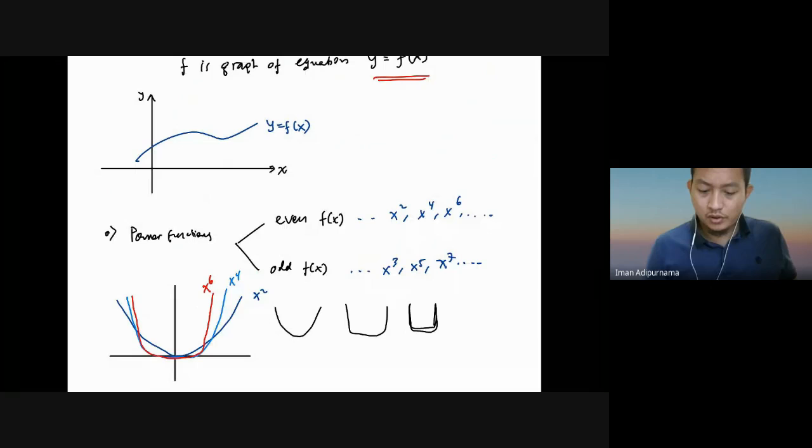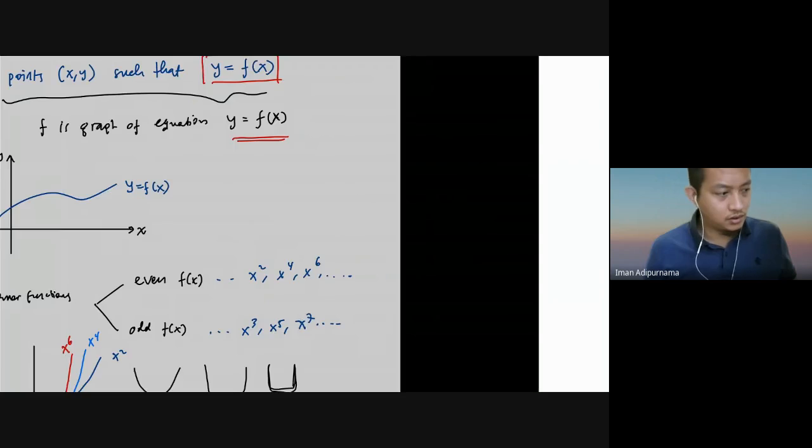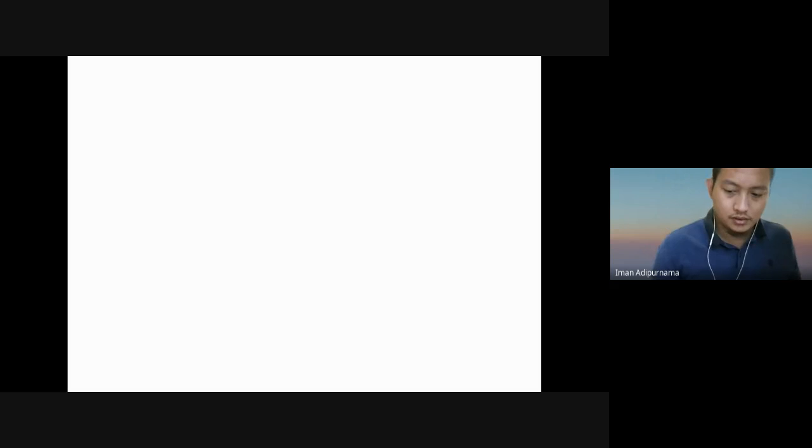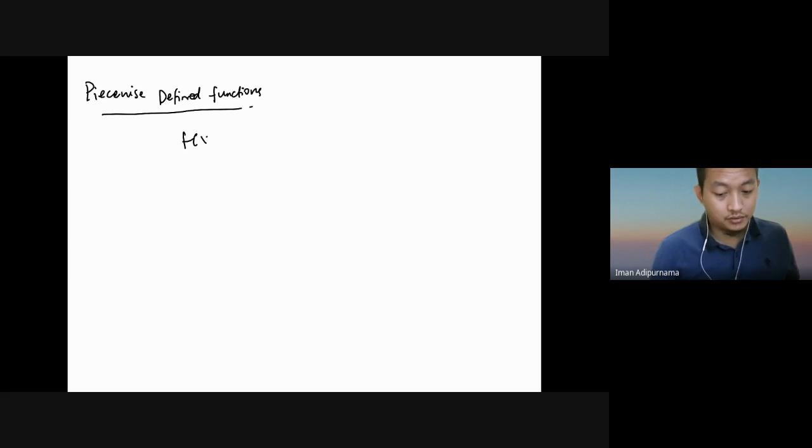Maybe a little bit more on functions. I think you also already know from the calculus part the piecewise defined function. So you will have, for example, two functions or two algebraic expressions as a function.